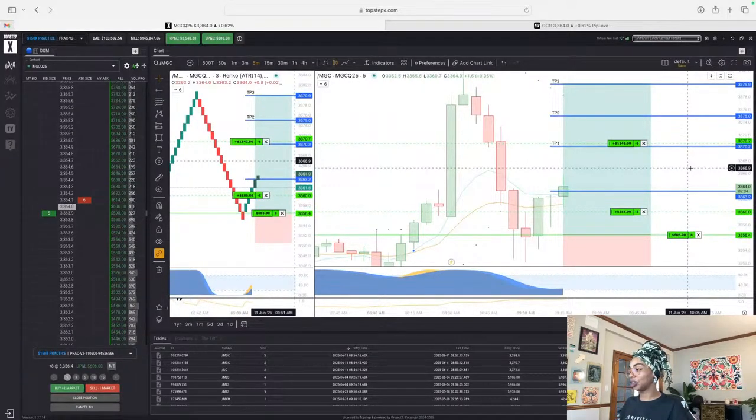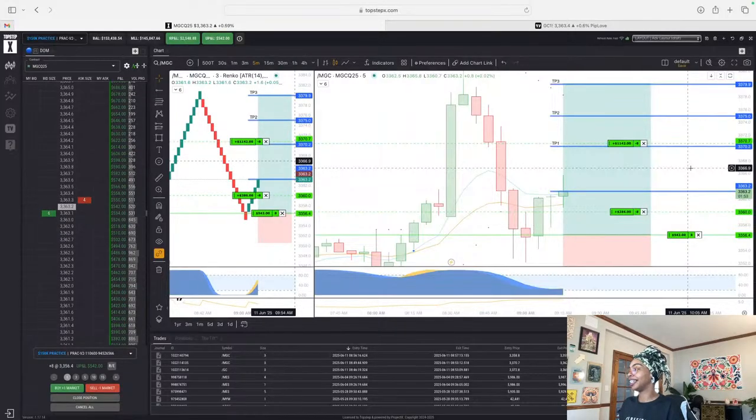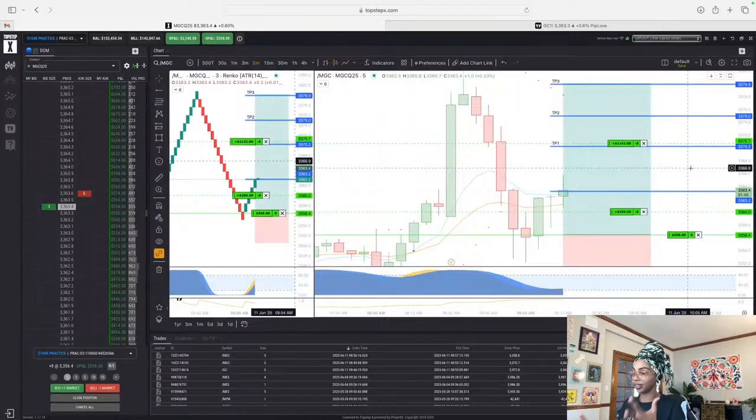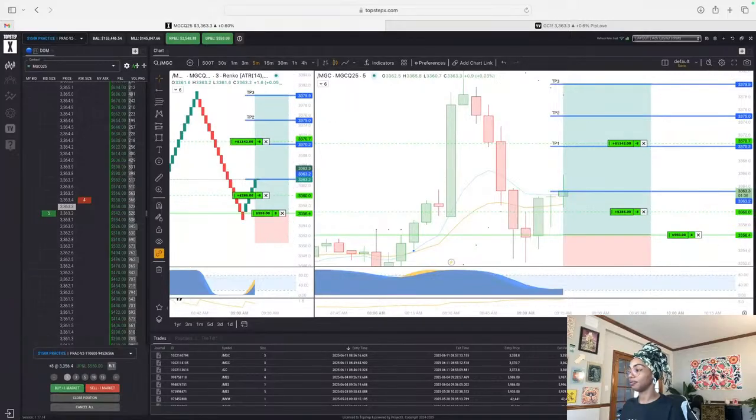We want to move our stop into profit, still giving the trade room, while making sure we don't turn a winning trade into a loser. There's a couple of different factors in moving your stop into profit. We don't want to be too early. We don't want to get wicked out. We let it play out and we just take our time.